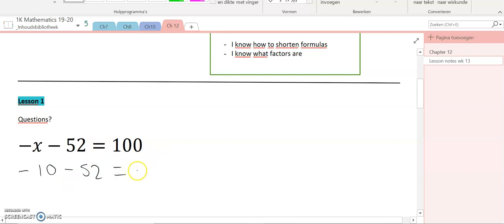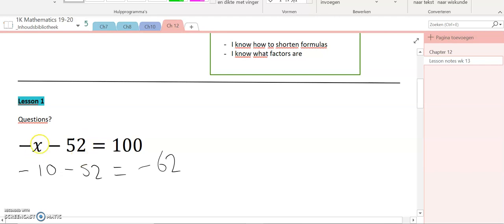So this will be negative 62. And if you add a positive number, if you fill that in for x, it only becomes more negative. So negative 100 minus 52 will become negative 152.